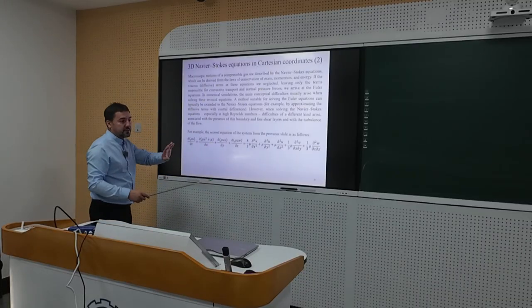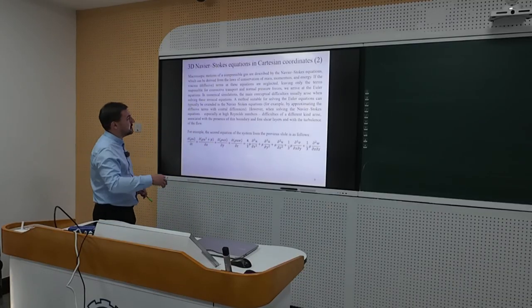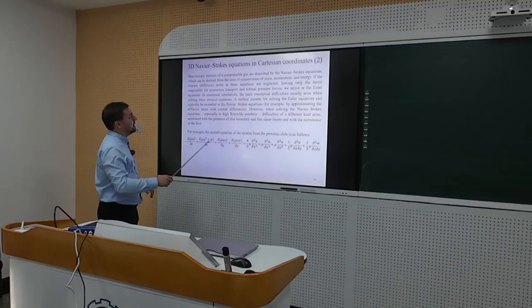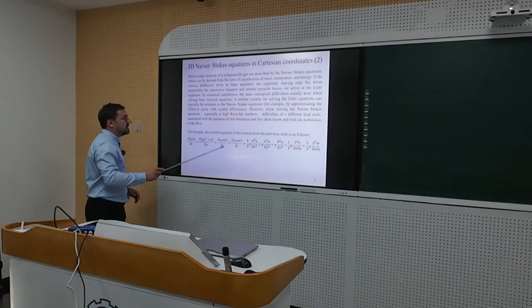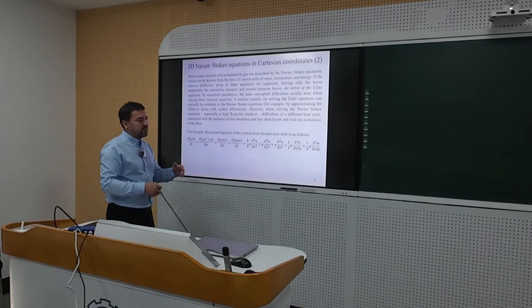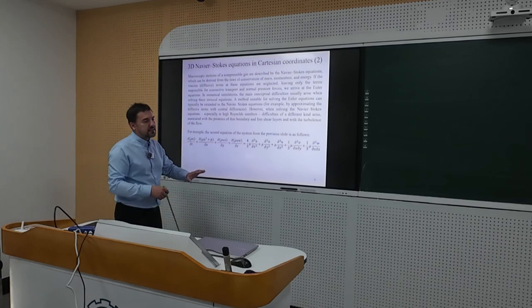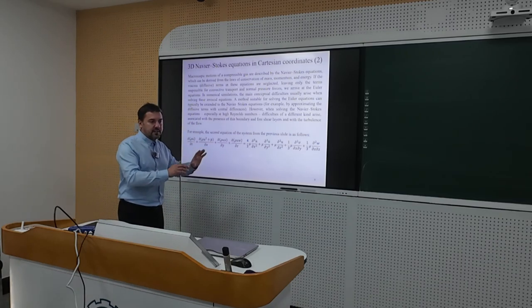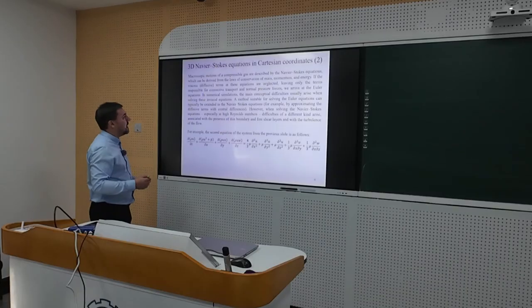So if you just skip all this viscosity in the Navier-Stokes equations, we get Euler equations. And in numerical solution, the main conceptual difficulties usually arise when solving these inviscid equations. For example, the Riemann problem, we will discuss it. All this is for Euler equations.